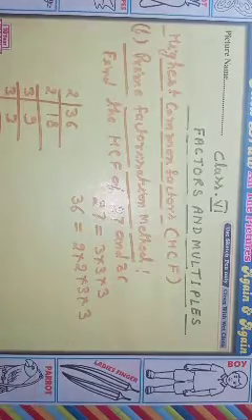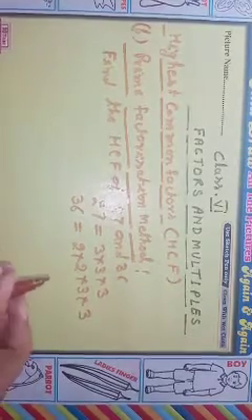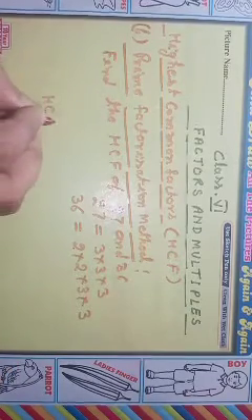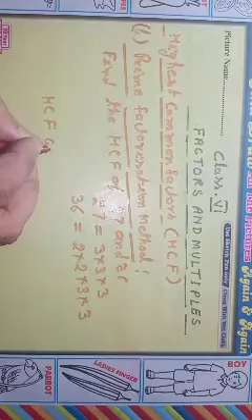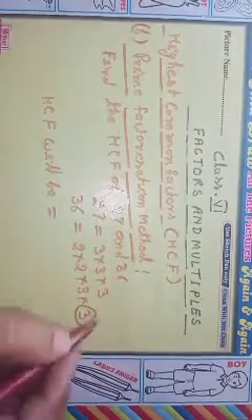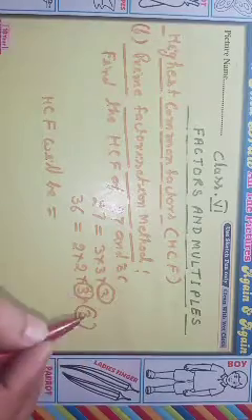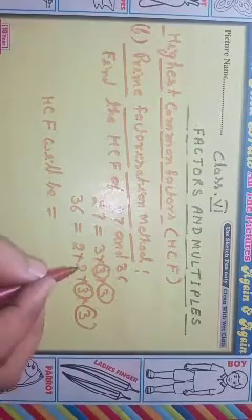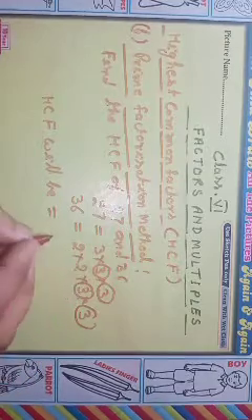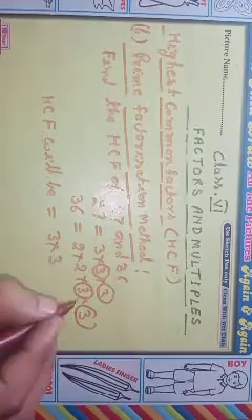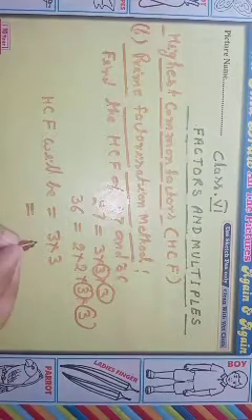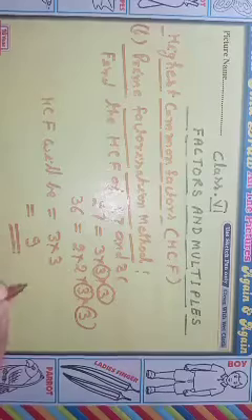Now check the common factors. HCF will be the common ones. Here 3, here 3, here 3, here 3. Now 2 is not common, as it is not a factor of 27. So 3 into 3, both 3s are common. So HCF becomes 3 into 3, which is 9. HCF is 9.